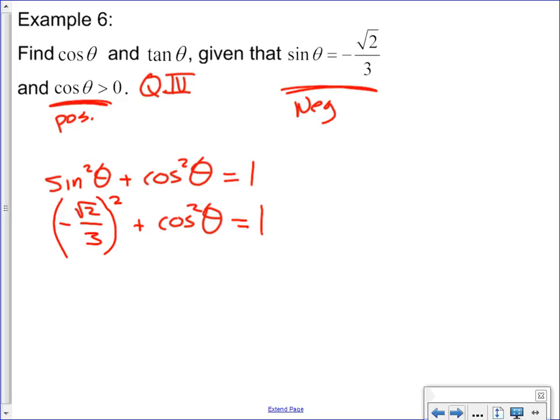It's not 2 over 6. It's not negative either. It's 2 over 9. The square of root 2 is 2, that just takes the square root, and the negative is gone. This will be 2 over 9 plus cosine squared is equal to 1.